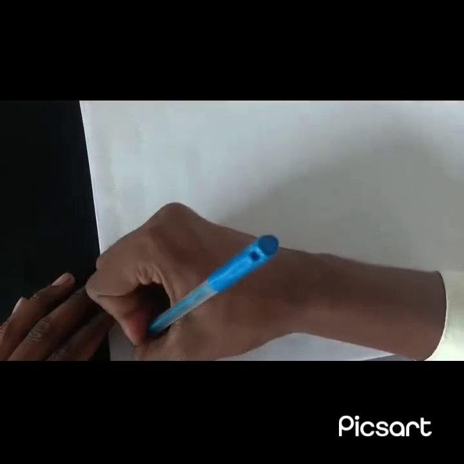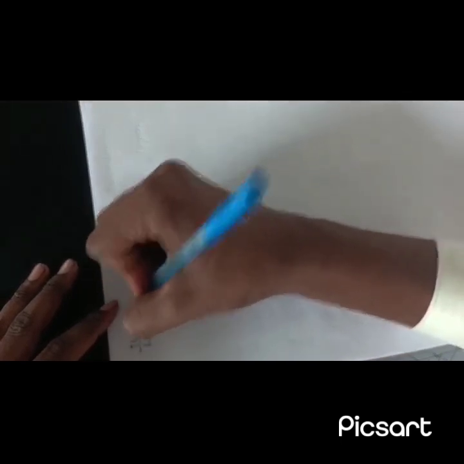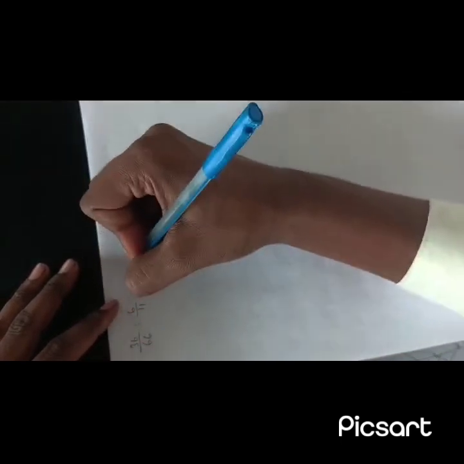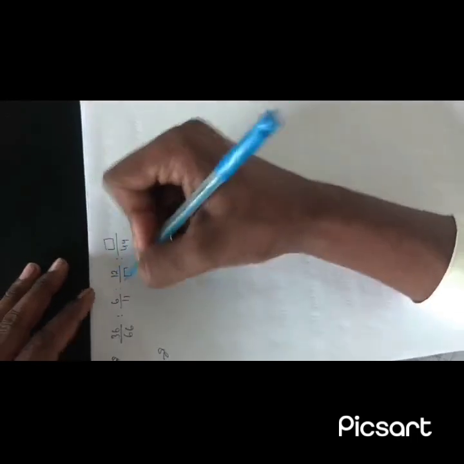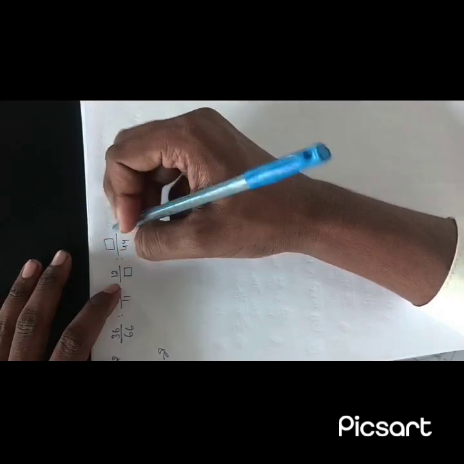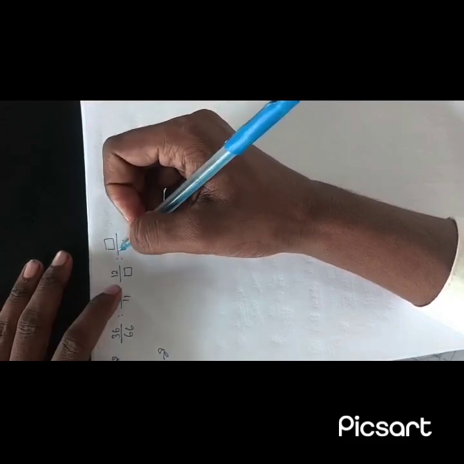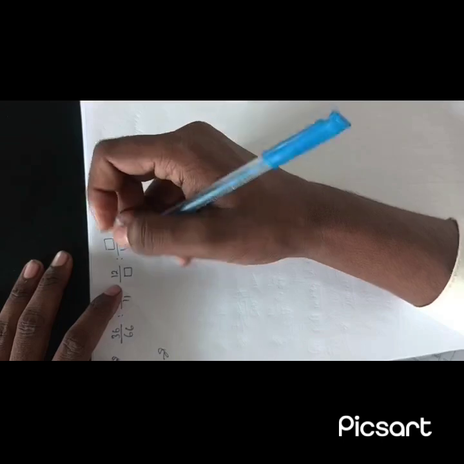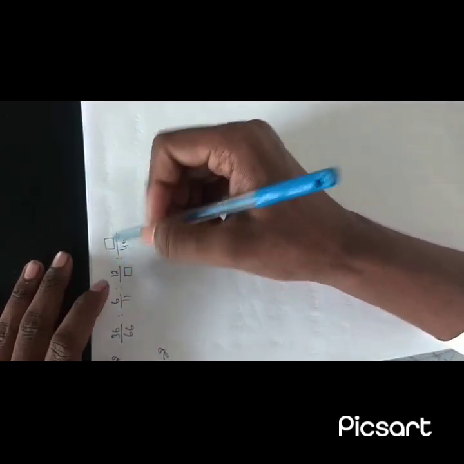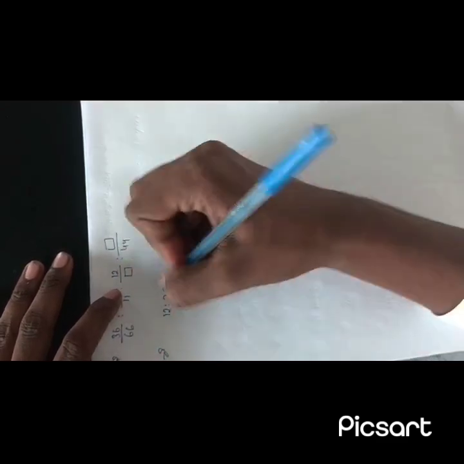I'm writing it on a new page. First, 36 upon 66 ratio 6 upon 11 ratio 12 upon this ratio, box upon 44. This value we have got as 6. Now we have to solve for the remaining value. Applying the same logic in the second ratio also, we get 12 is to 22.